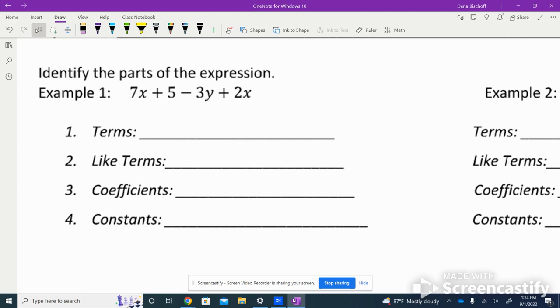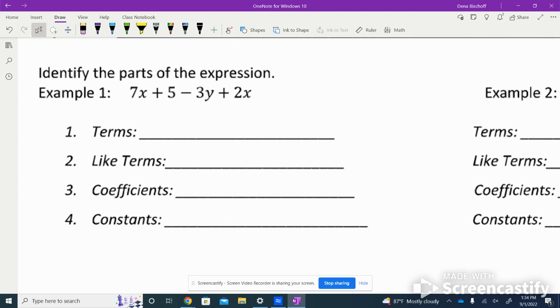And 2. The coefficient is the number that's hooked up to a letter. That's all it is. Remember, what did we say about a constant? What was a constant? It's the number. So the constant is just a number. The only number that we have here that does not have a variable attached to it is the number 5. Okay? Does that make sense? A little bit? Okay.